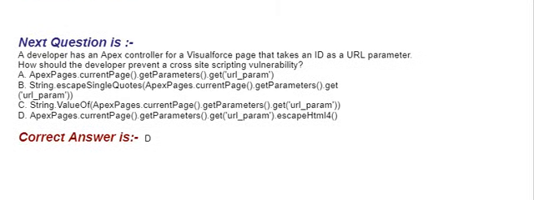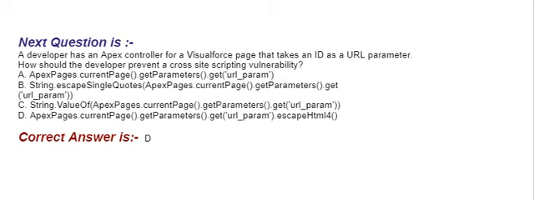Our next question is, a developer has an Apex controller for a Visualforce page that takes an ID as a URL parameter. How should the developer prevent a cross-site scripting vulnerability? Option A, ApexPages.currentPage().getParameters().get('url_param'). Option B, String.escapeSingleQuotes(ApexPages.currentPage().getParameters().get('url_param')).